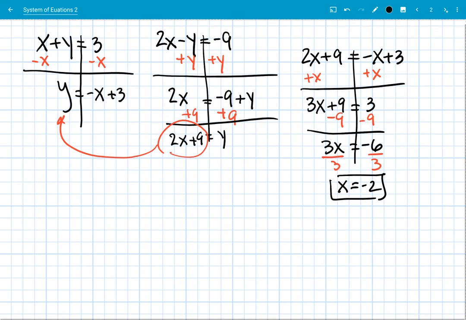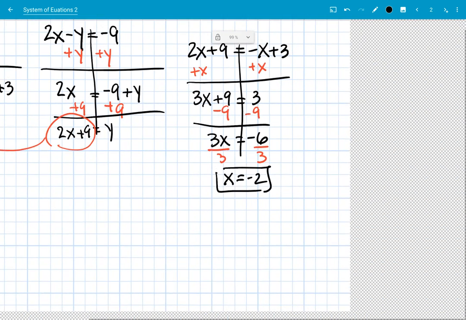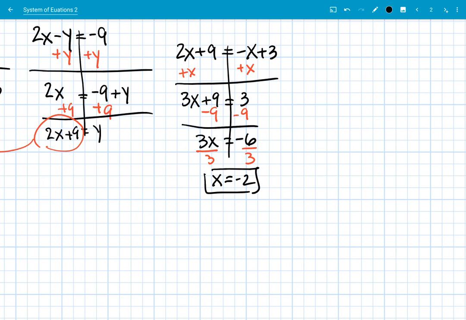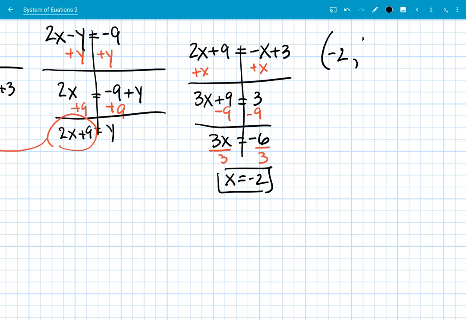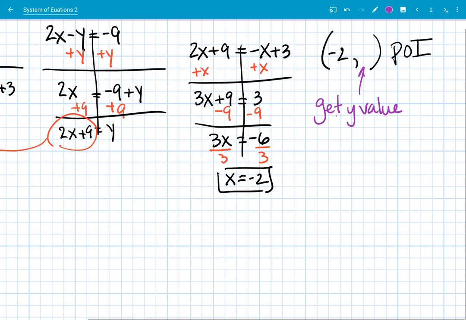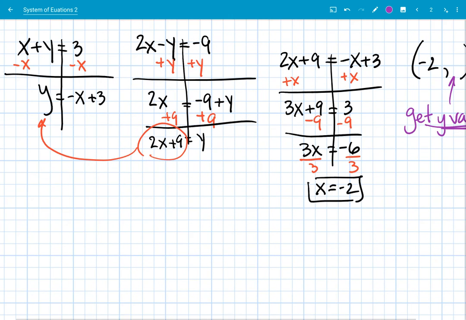Okay, so now we know that the point of intersection is at negative 2 comma something. And we need to get this y value. Now this is where it gets a little bit tricky because I should use the original equation. And I think I'm going to use this one first.